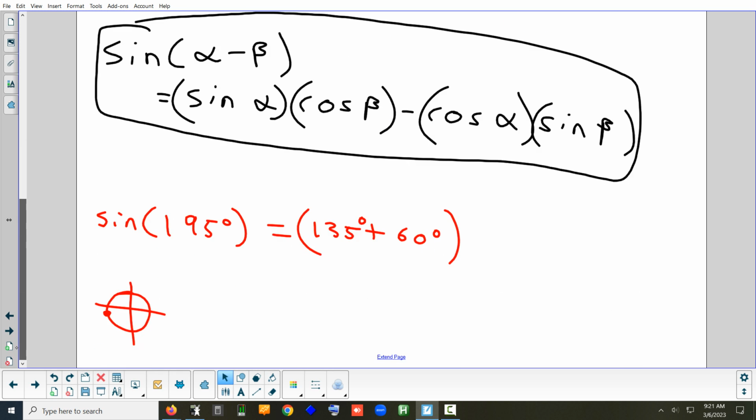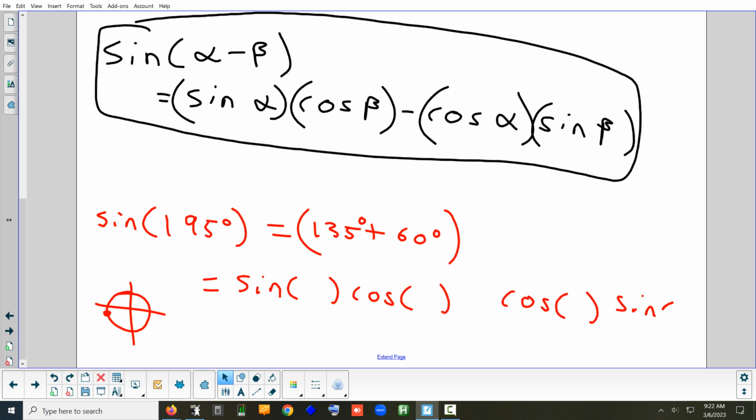All right, sine, cosine, cosine, sine. 1, 2, 1, 2 for the angles. And when we're doing a sum, what symbol goes between them? Plus. You keep it the same.